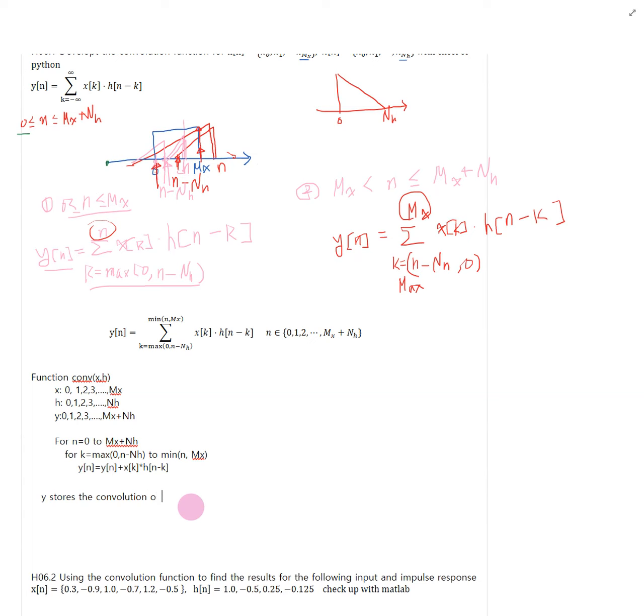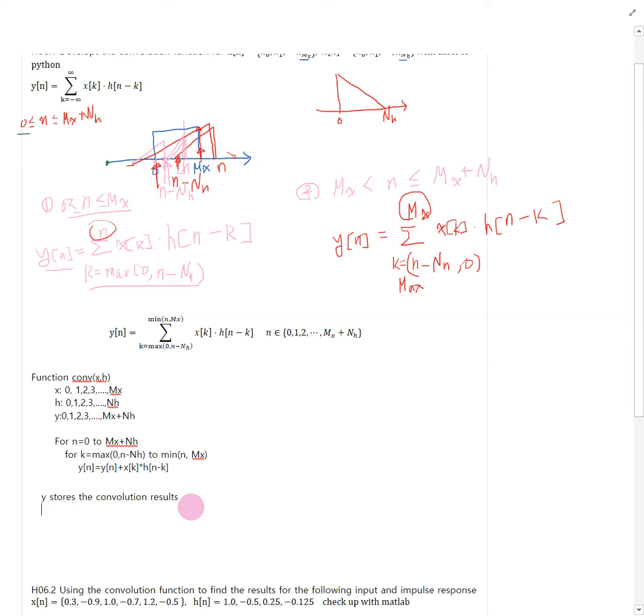We have to return y. Okay, this is the pseudocode. Based on this information we can make it work. So we can develop using Excel or Python. Let's just start with Excel.